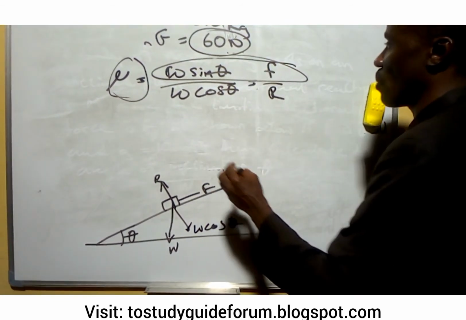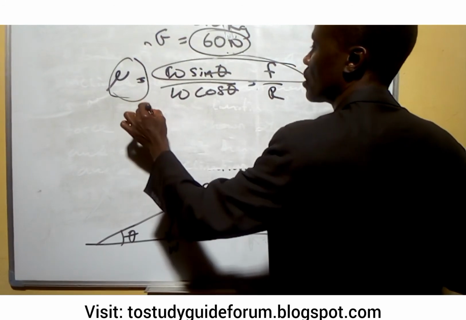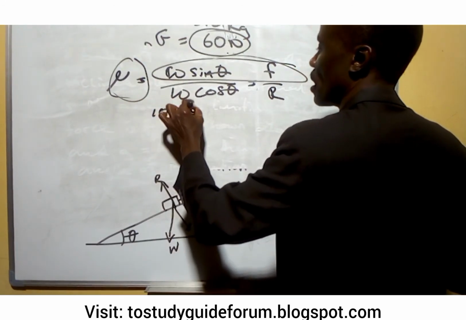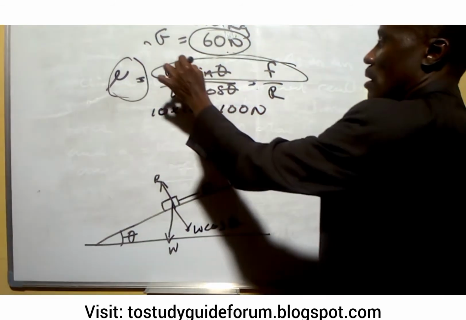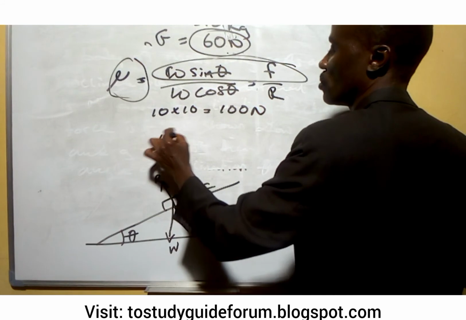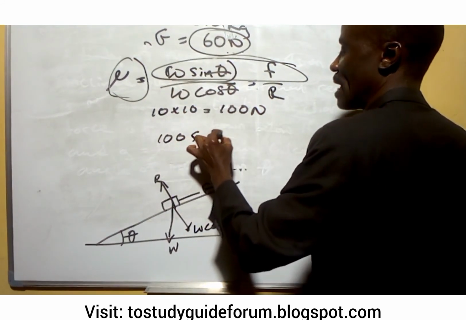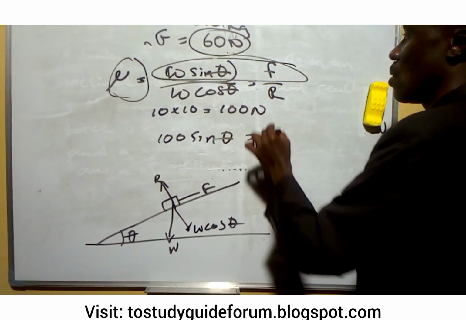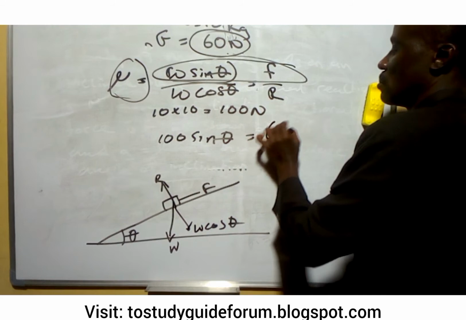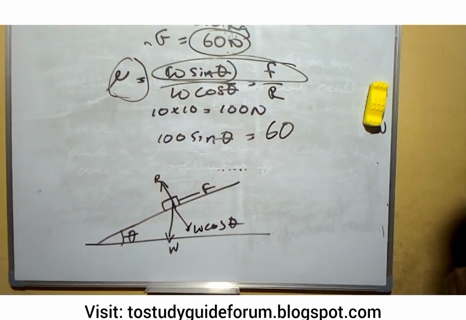The weight is 10 times 10, which is 100 Newton. From our equation, 100 Newton sine theta is equal to 60 Newton.